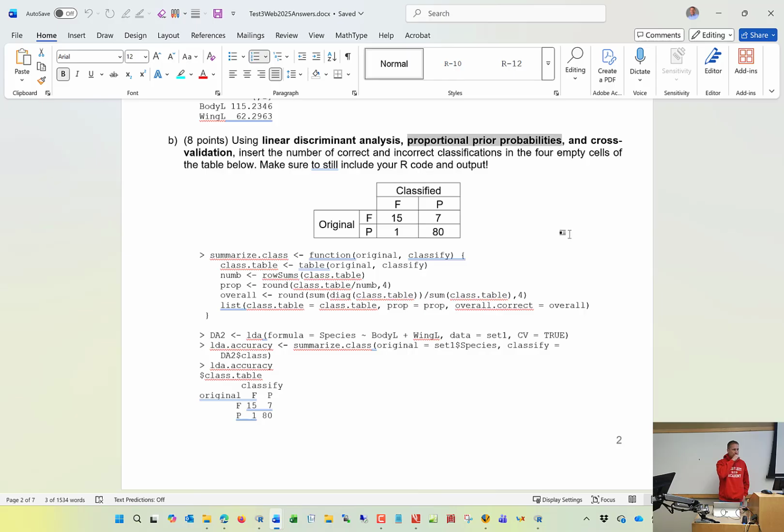Yes? I just wanted to point out, I don't know if this is true for other people, but at least for me, I think some people like in their heads, for some reason I took proportional as meaning equal. But I just want to point out that might have been the case for other people. It might not be that they just didn't know. But for some reason, that's obviously not your fault, but I think just in my head, for some reason, my brain thought proportional meant equal. Thank you for pointing that out.